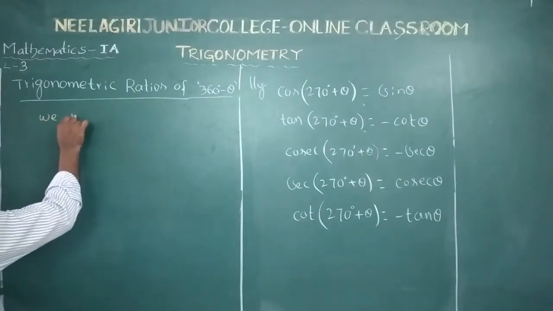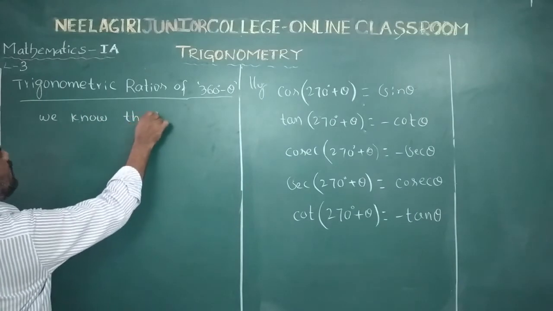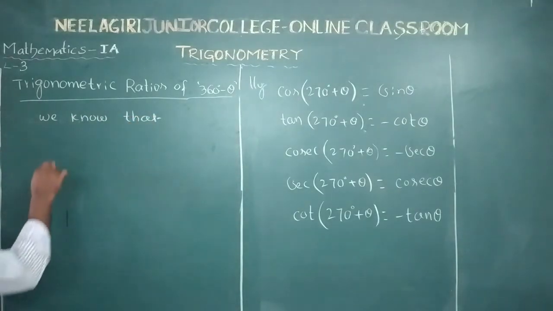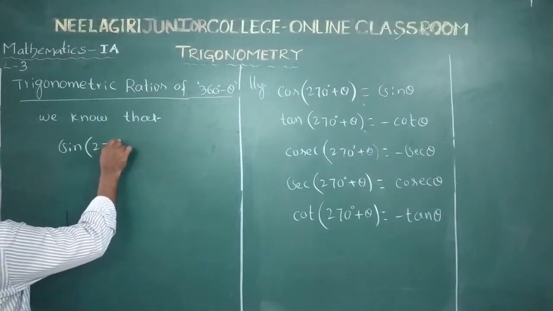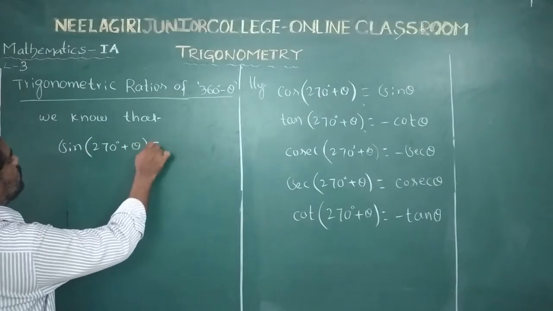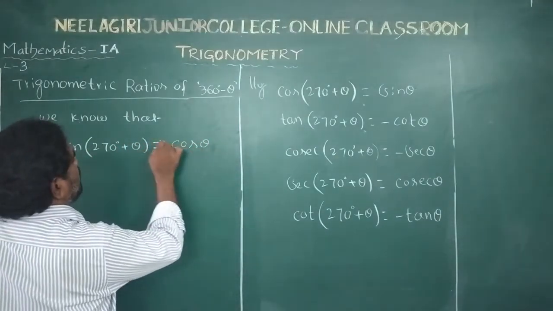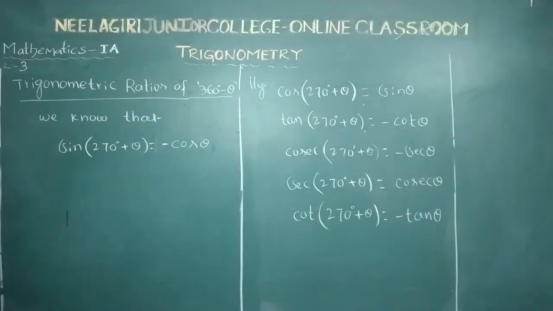We know that sin of 270 plus theta equals minus cos theta.